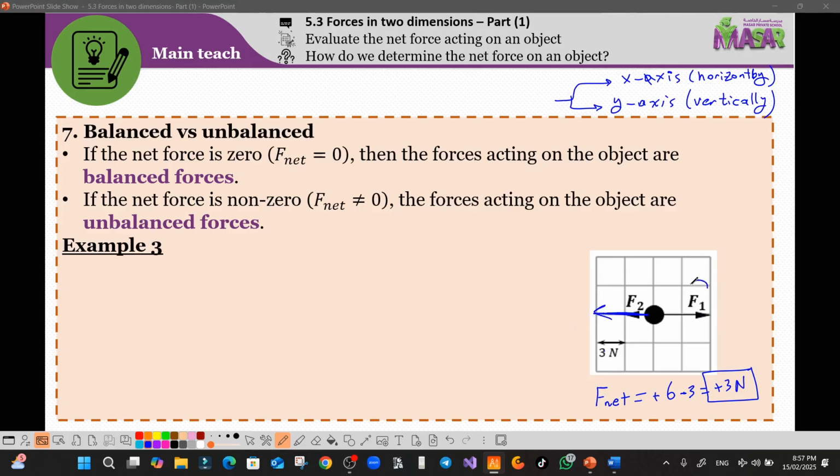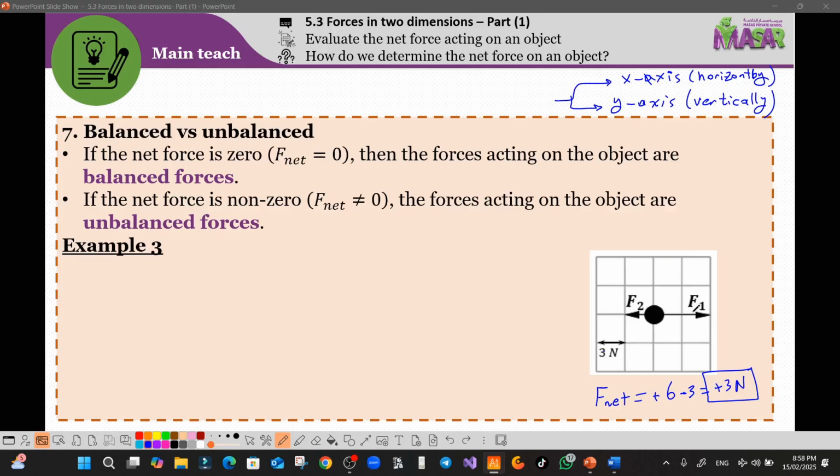Then the left will be equal to the right. If this is 6, this is going to be 6. And if we subtract them from each other, we will get 0 because 6 minus 6 is 0. However, here they are not equal.